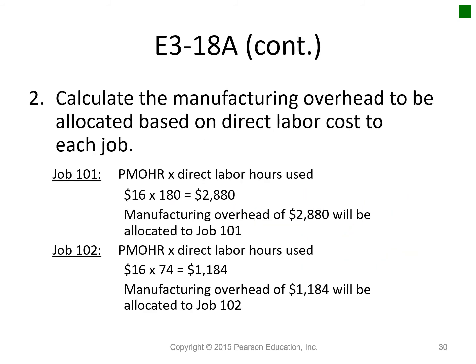So for job 101, to get the allocated overhead, we take the rate, which is $16, times the number of hours on the job, which is 180, that's the activity, and we get 2,880. Guys, that would be your third product cost. On the second job, same thing: you've got the rate of $16, the activity, which is 74, and you get the overhead allocated, which would be 1,184. That would be your product cost number 3 for job 102.